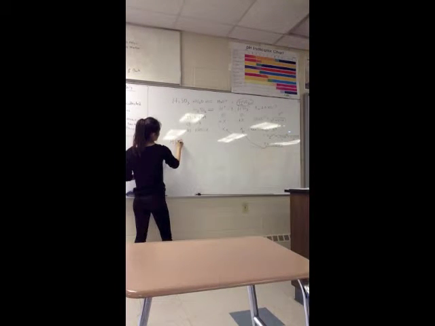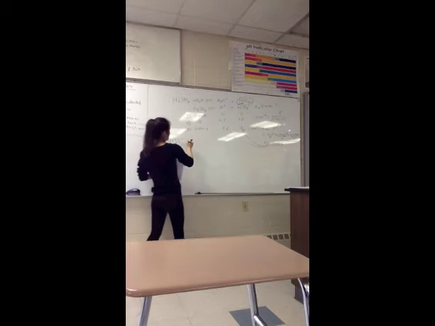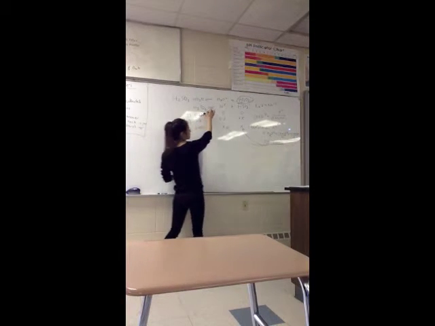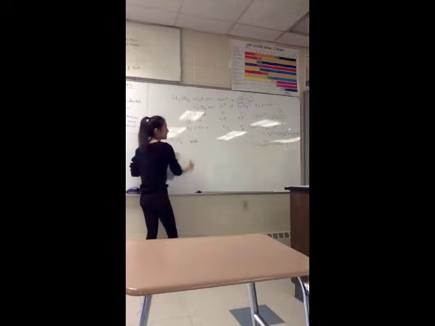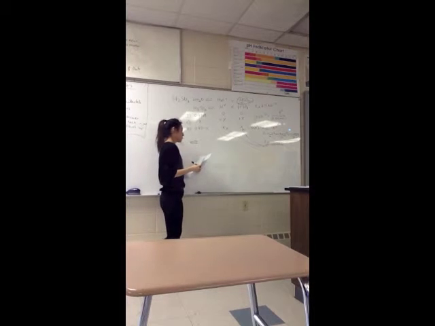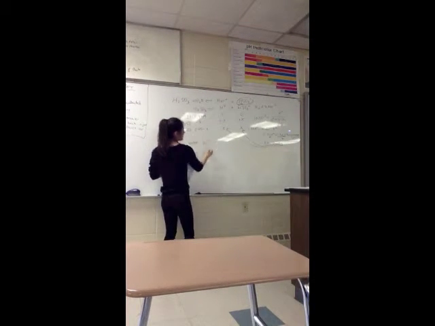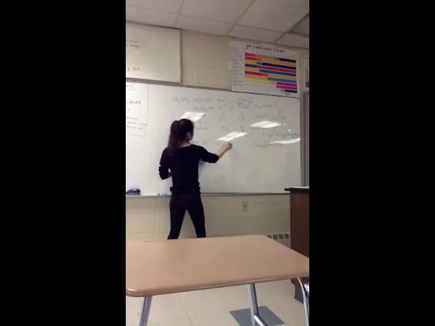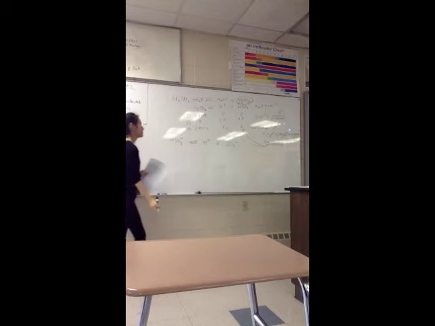So HSO3 minus, I'm just going to write right away a simple equation with a double arrow, saying that it is a weak acid because they are given with the second equilibrium constant, making H plus and sulfite ions.